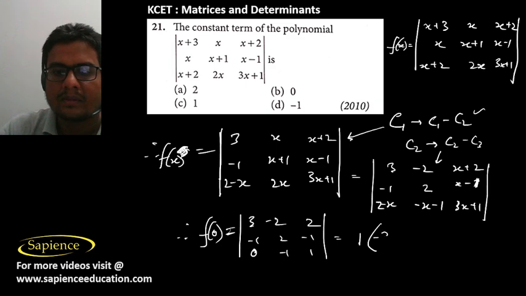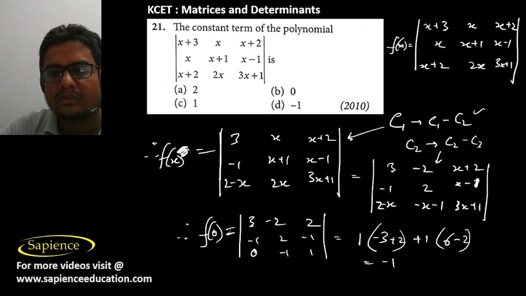Then this will be minus 3 plus 2, and then plus 1 into this row and this column, third row, third column we have to remove, that is then 3 to the 6 minus 2, so this will be minus 1 plus 4, sorry, this will be minus of minus 1, sorry, this is 2 minus x, this will be 2.